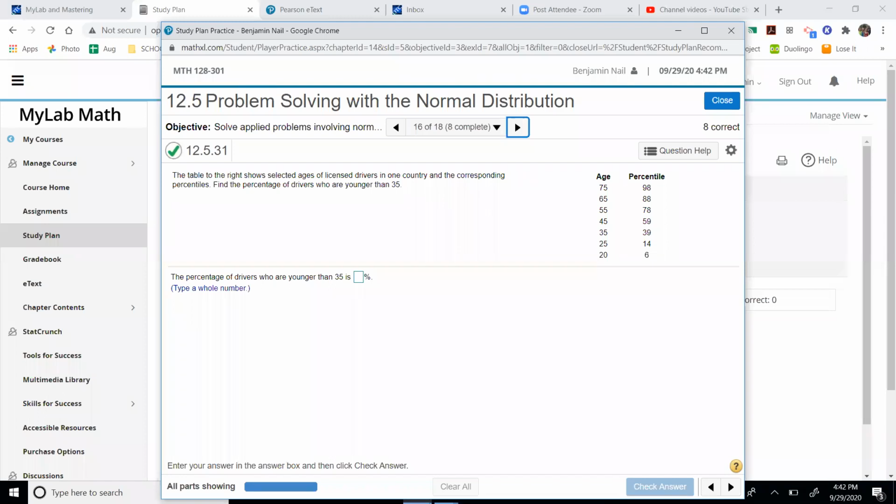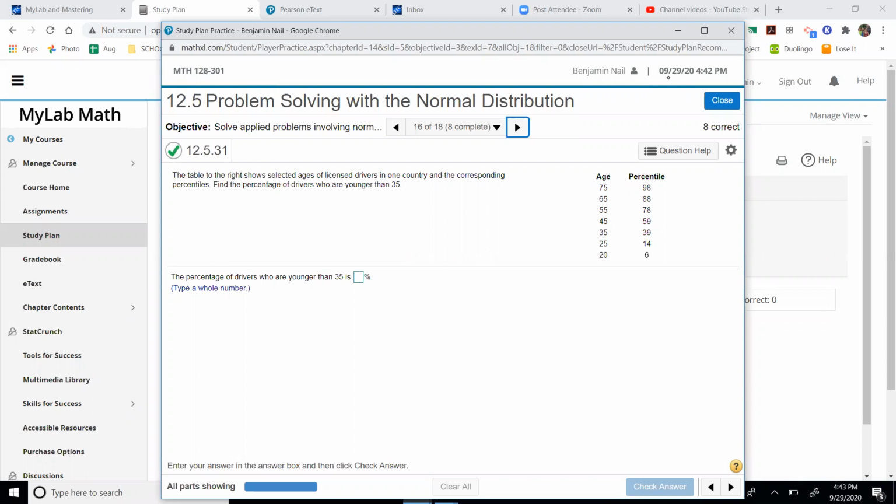All right, the final thing I want to draw your attention to is that they can give you percentiles for specific data items and not correlate them to a z-score. For this particular data, we have the ages of licensed drivers in a country corresponding to the percentile. Again, that's the percentage of people below that age.